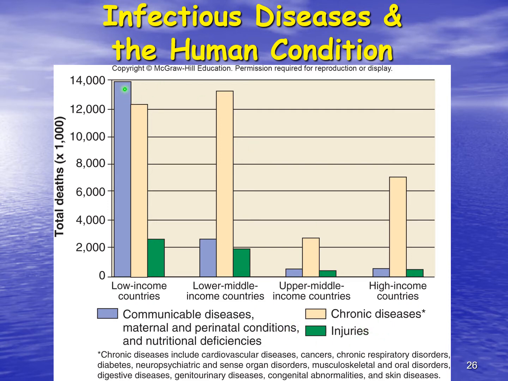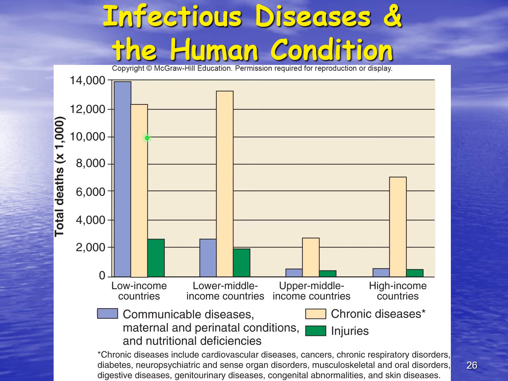Then they looked at the death rate from each of these categories in low-income countries all the way up to high-income countries. Now, communicable diseases, you'll notice that in low-income countries, we have a lot of deaths from those communicable diseases or maternal perinatal conditions or nutritional deficiencies. Why might that be? We'll actually discuss this in class.